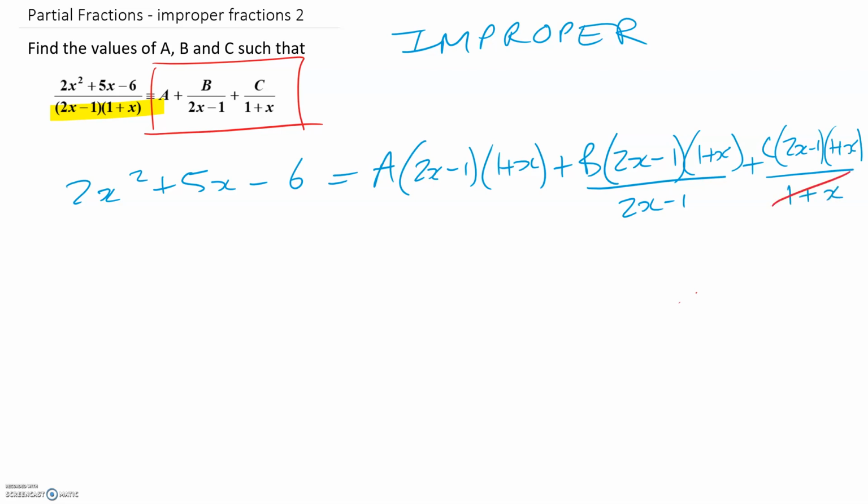And you can see that that would cancel with that, and that would cancel with that. And you can go straight to this step as usual. So you could have gone straight to 2x squared plus 5x minus 6 equals this.